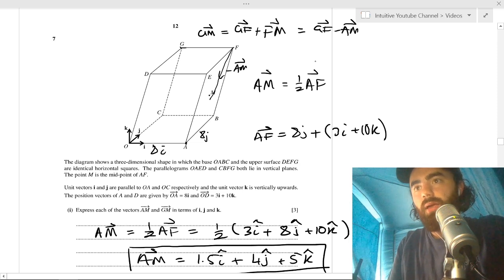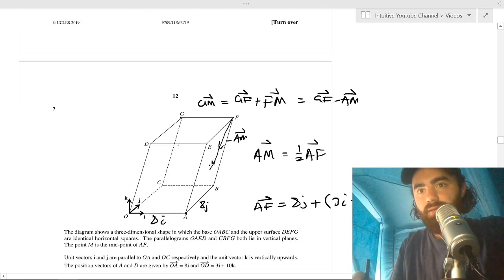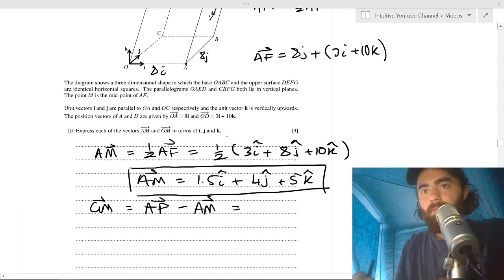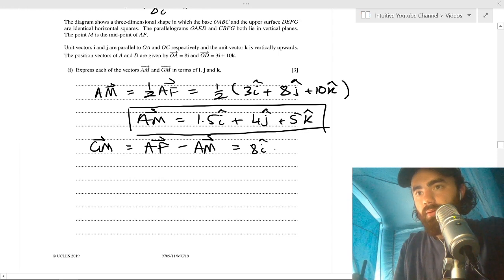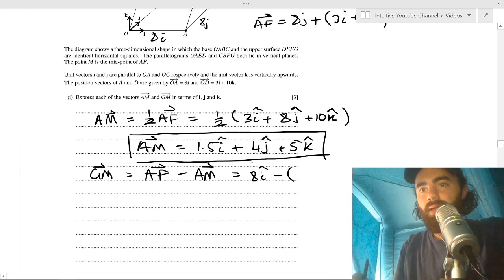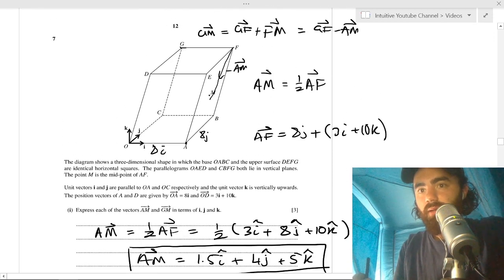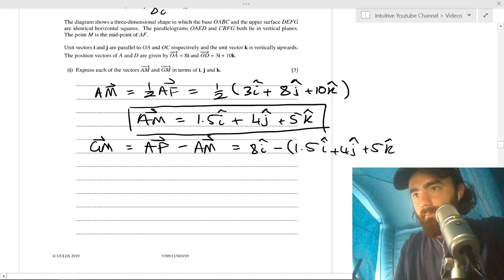GF is 8I, minus our AM, which is 1.5I plus 4J plus 5K.